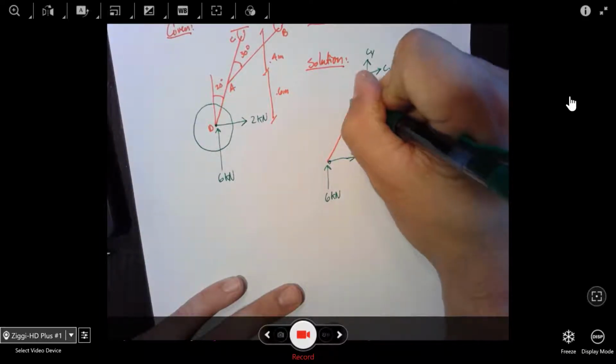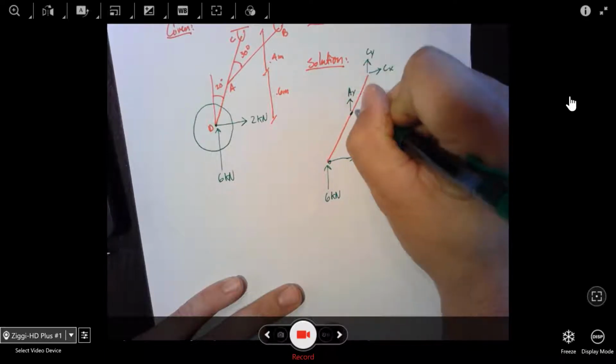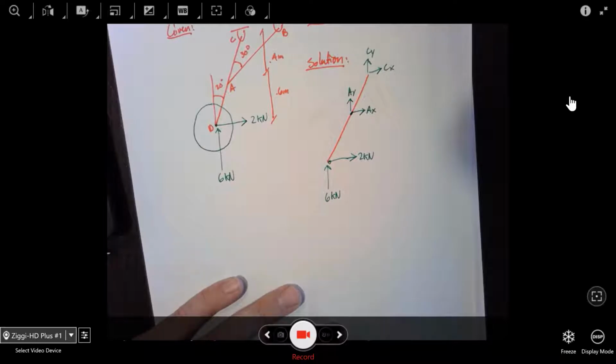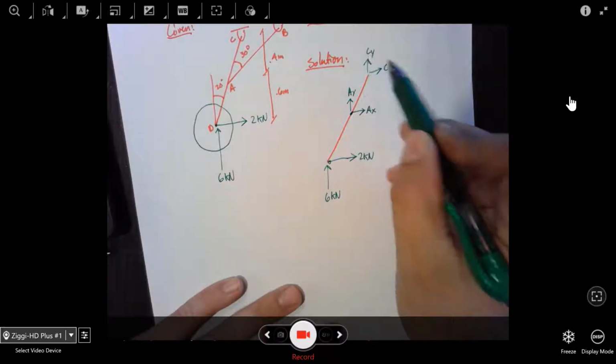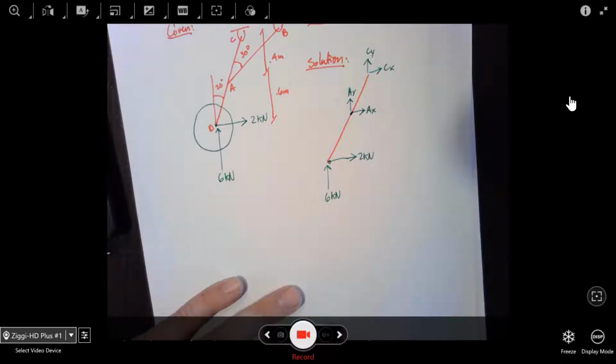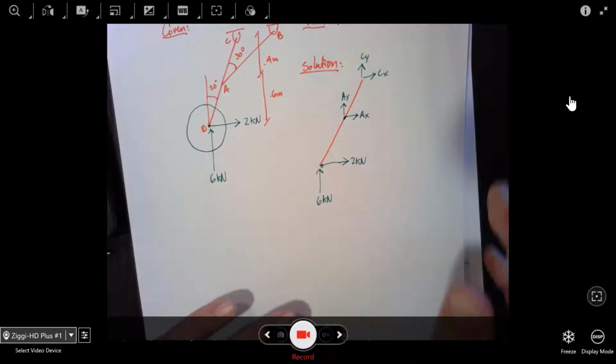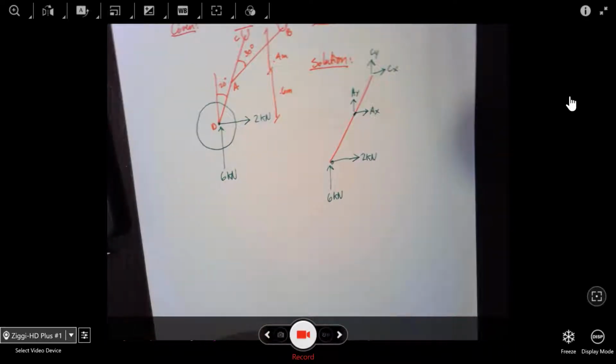So we should say, well, we'll have AY and AX. But this looks like we have 1, 2, 3, 4 unknowns. It's a two-dimensional problem, so we only have 3 equations of equilibrium. So technically, before today, we would have said that this is unsolvable.